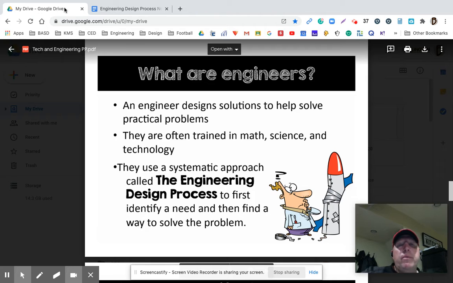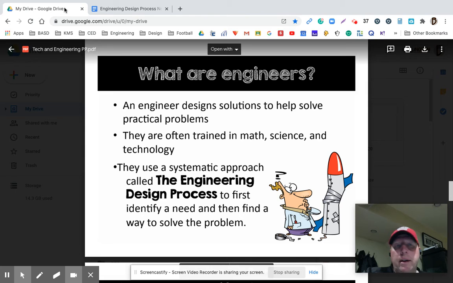Just a quick review. What are engineers and engineer design solutions to help solve practical problems? They're often trained in math, science, and technology, and all engineers use a systematic approach that's called the engineering design process to first identify a need and then find a way to solve the problem.